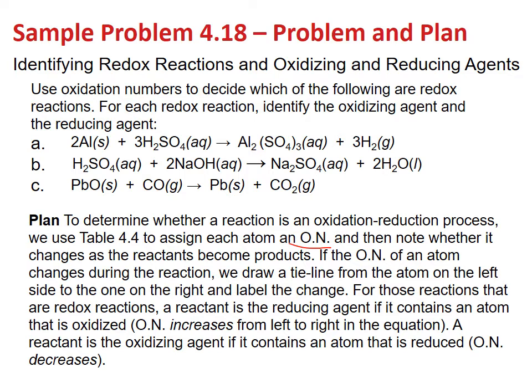If the oxidation number of an atom changes during a reaction, we draw a tear line from the atom on the left side to the atom on the right side and label the change. For redox reactions, a reactant is the reducing agent if it contains an atom that is oxidized, in other words, its oxidation number increases. And a reactant is the oxidizing agent if it contains an atom that is reduced, or its oxidation number decreases.